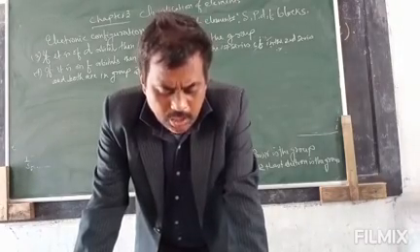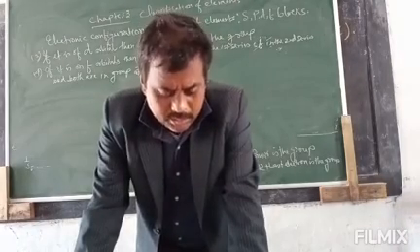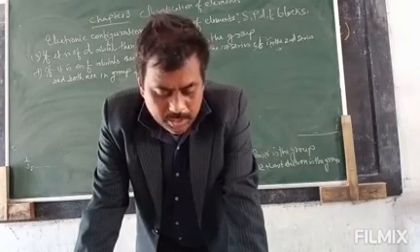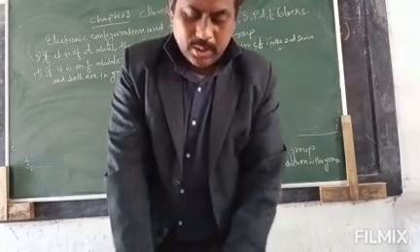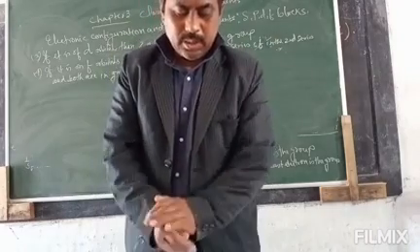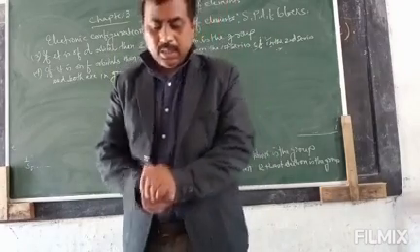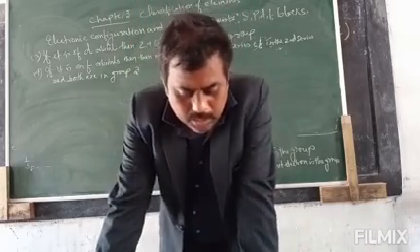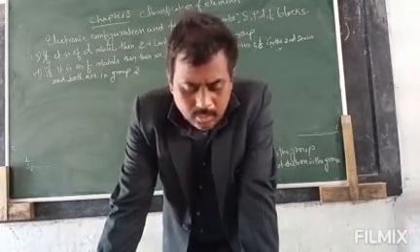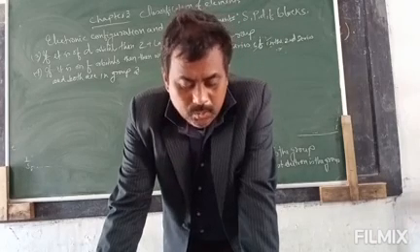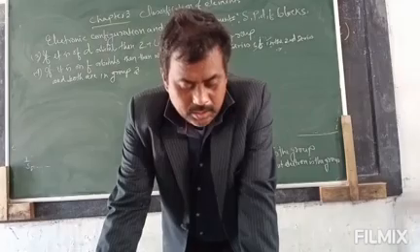They are all reactive metals. These S block elements are reactive metals having low ionization enthalpy. That means all these elements possess low ionization enthalpy. Because of that, they are highly reactive metals. Generally, they lose their outermost electron and are ready to form +1 or +2 ions.